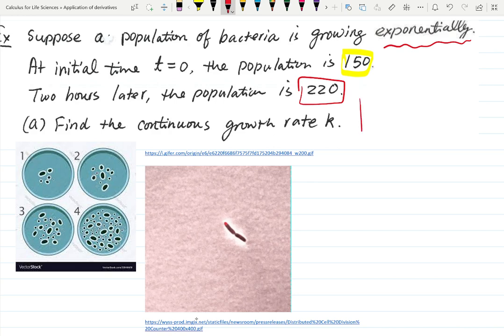For now, we only taught you one: P equals the initial number of whatever started there, money, profit, bacteria, number of rats in the rat lab, times e raised to the growth or decay rate K. If K is negative, it's decay. T is time, in this case hours, I guess.